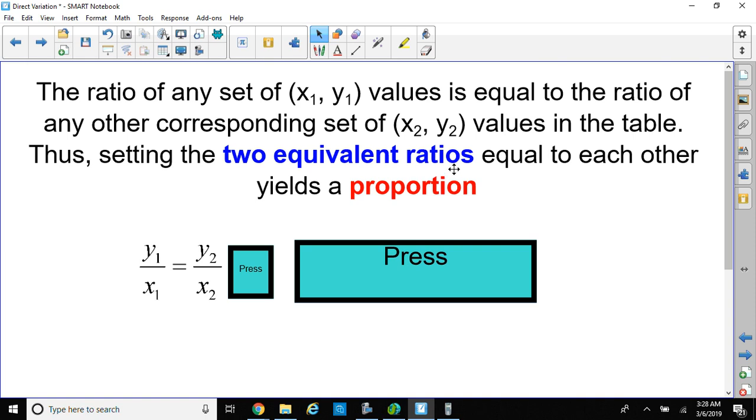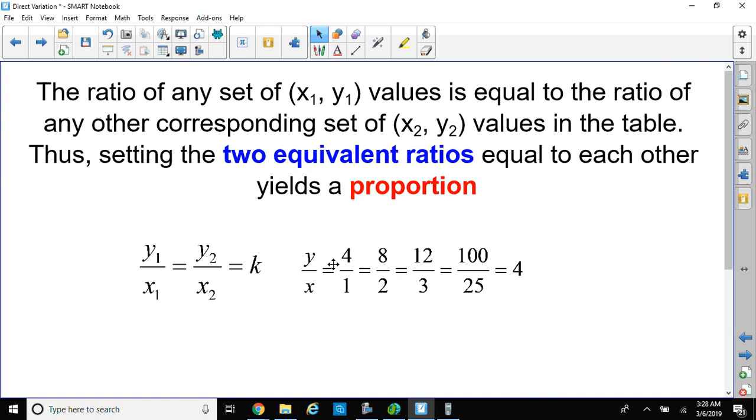A ratio is a fraction, by the way, equal to each other, yielding a proportion. So our y, which is our dependent variable, over our x coordinate is equal to the second y value over the second x value. So that's going to give us our k value because they're equal ratios.